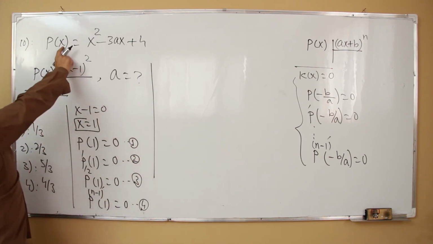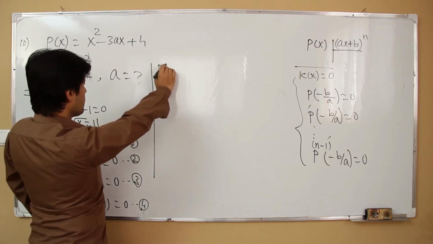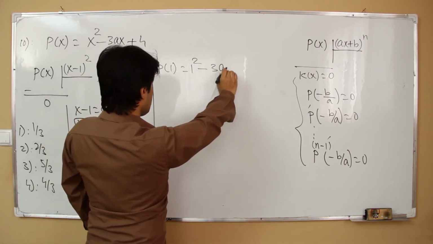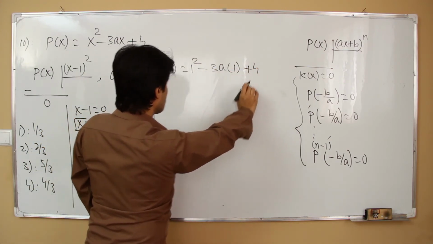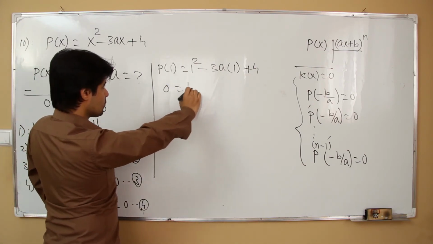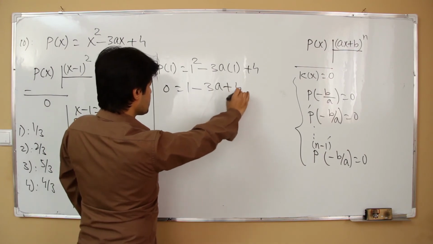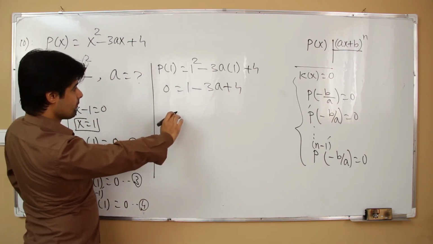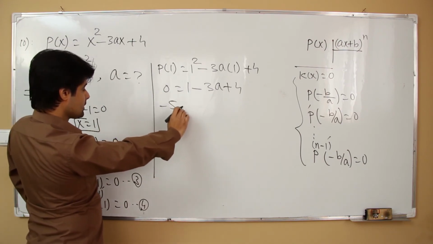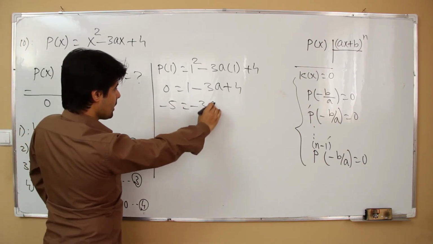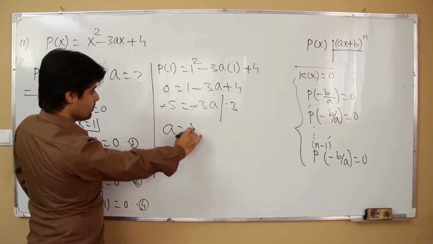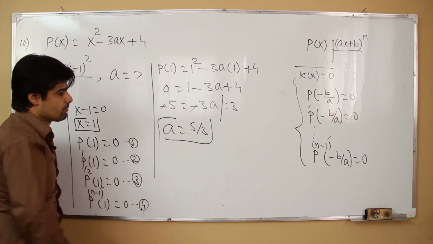Instead of x, you have to put 1. P(1) is equal to 1 squared minus 3a times 1 plus 4, and it's 0. So 1 squared is 1, minus 3a plus 4. So you will find 1 plus 4 is 5. 5 to the left side, it's minus 5, minus 3a. Divide both sides by 3. So a would be 5 divided by 3.